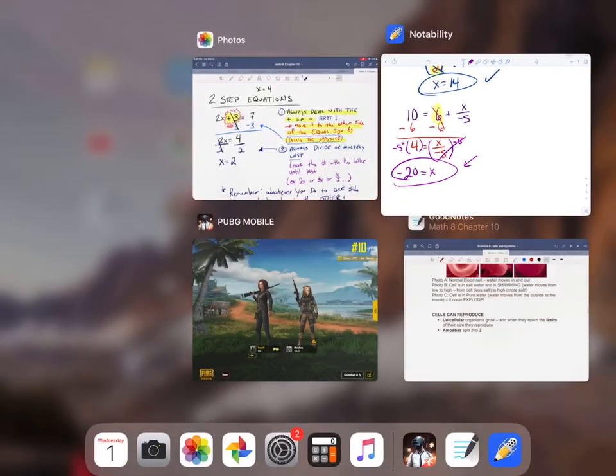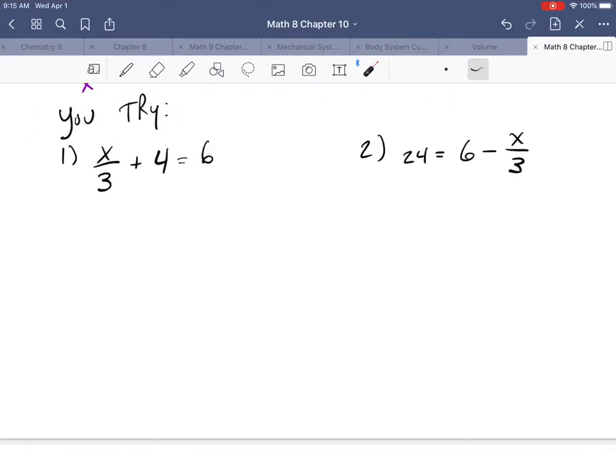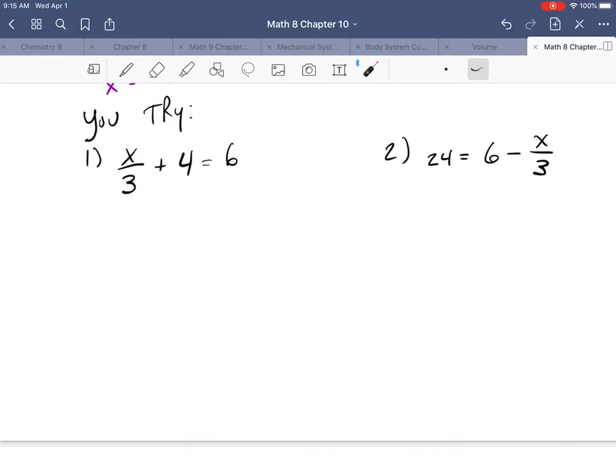So if we go back to our statement now, we can actually do the you-tries. I'm going to get you to pause the video again, and I want you to solve these problems by yourself. I'm going to solve them here, and then you come back and check your answers. Make sure that you did every step correctly. And once you finish this, you can go ahead and access the assignments that I've posted for you today.